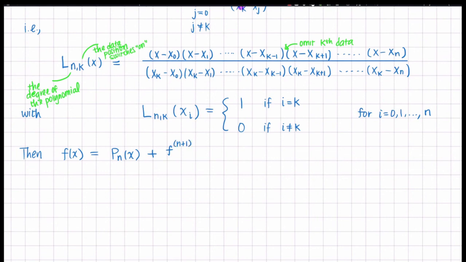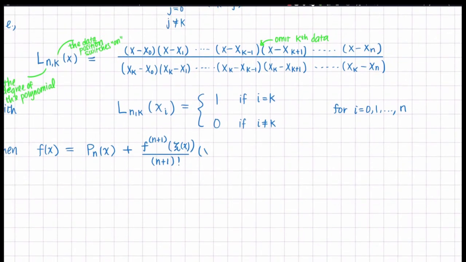And it is the n plus first derivative of f evaluated at that theoretical value c that you won't be able to determine, divided by n plus 1 factorial, multiplied by a polynomial: x minus x naught multiplied by x minus x1 all the way up to x minus xn. This is a product.